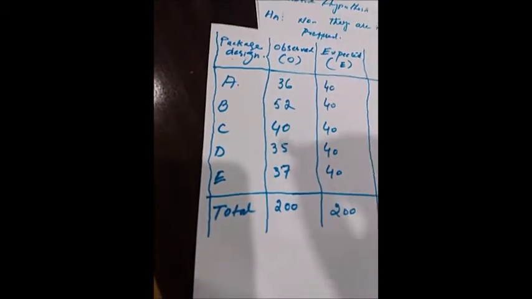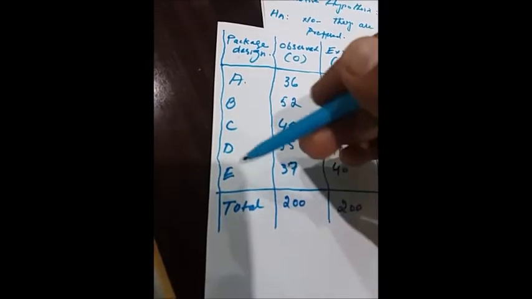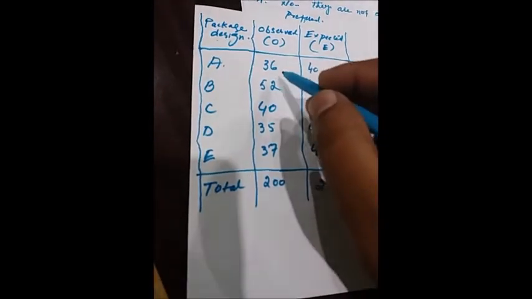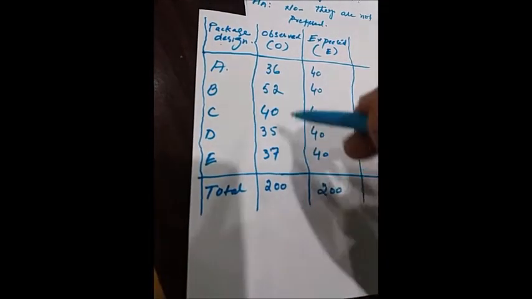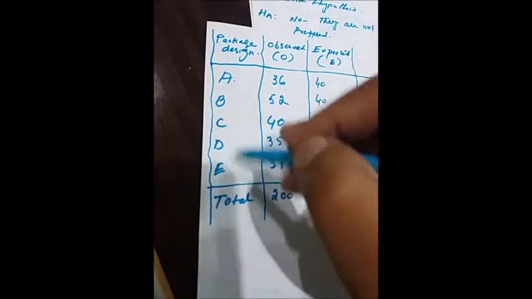All the package designs A, B, C, D, E were produced for selling purposes. When these were sold, it was obtained that 36, 52, 40 were the figures observed among the 200 consumers.